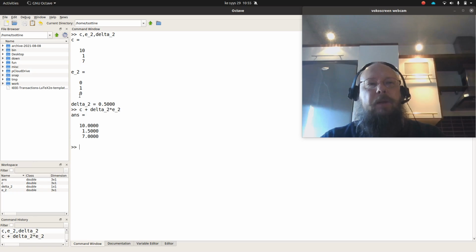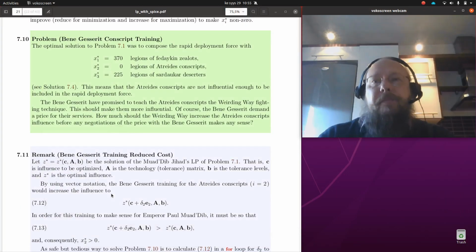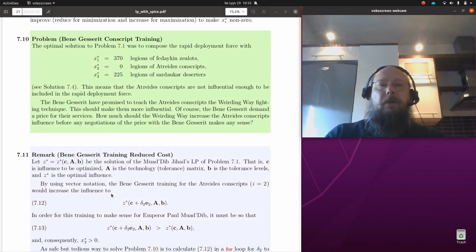The third one is untouched because we add delta 2 times 0 to it. But the second one, 1, is increased by a half because we multiply 1/2 times 1 here. Okay. So this was not deep. This was just notation, but a useful notation that you should get used to, especially when working with Octave. All right. So nothing has happened yet, just notation.